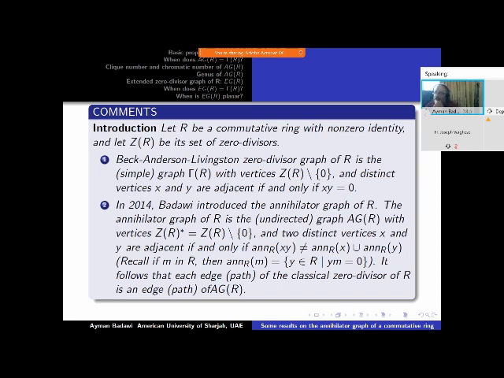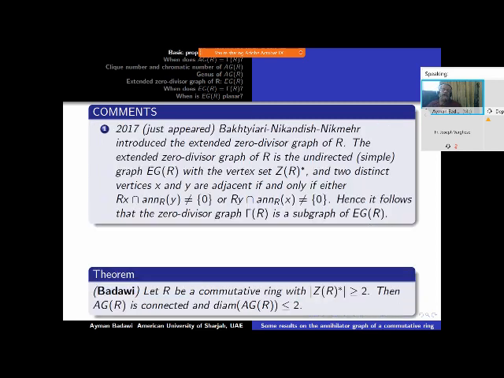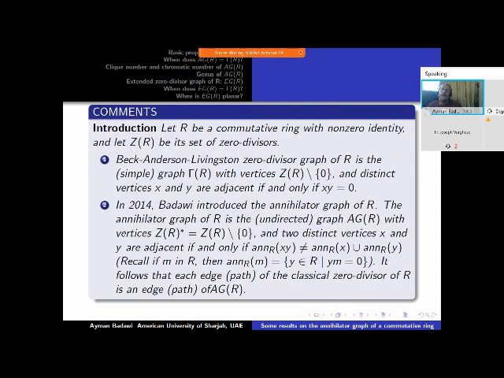So you can say that the zero divisor graph is a subgraph of the annihilatory graph. Okay, that's the introduction.